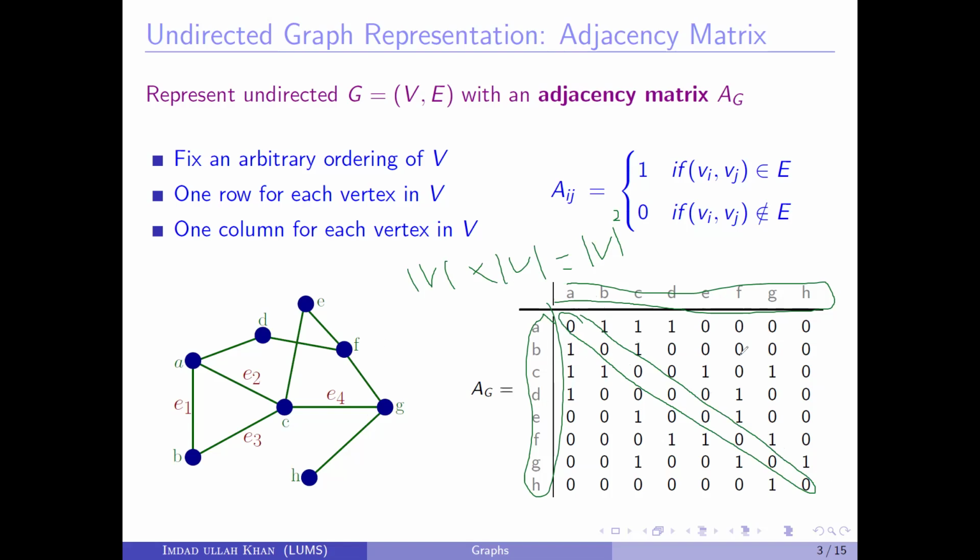For some other possibilities, for example, if we focus on F, F is connected with E, F is connected with D, F is connected with G. If you focus on row F, there is 1 for D, 1 for E, 1 for G, and the rest of the entries are 0 because F is not connected with any other vertex except these 3 vertices.